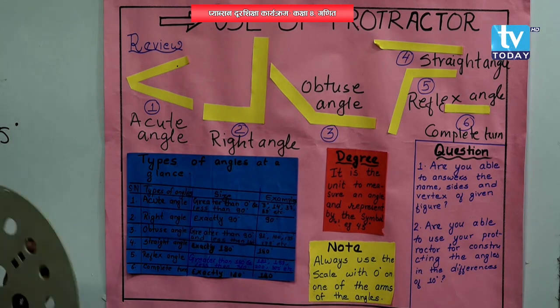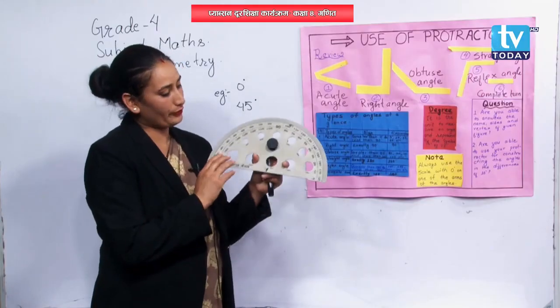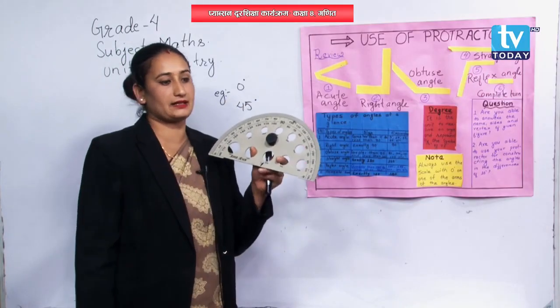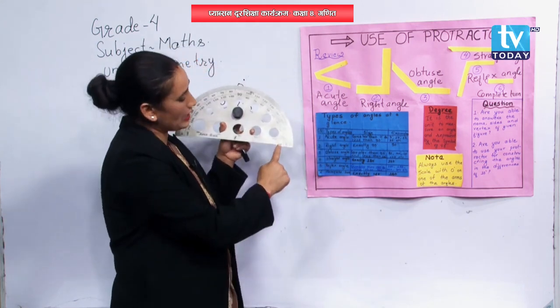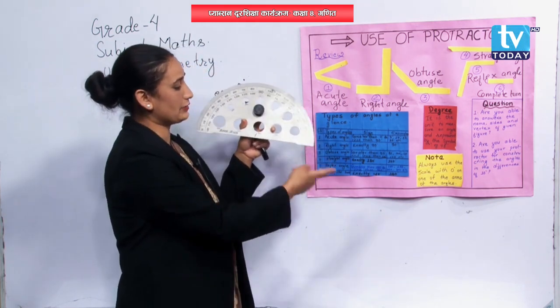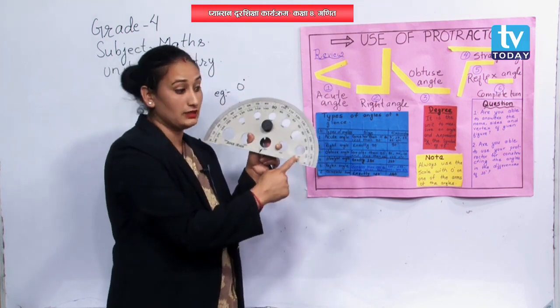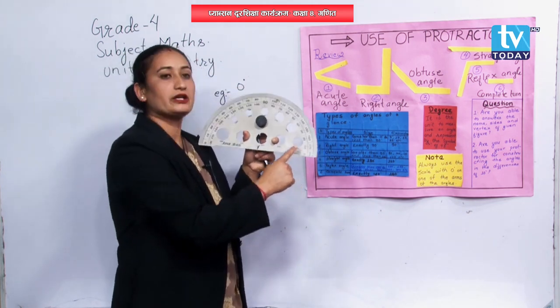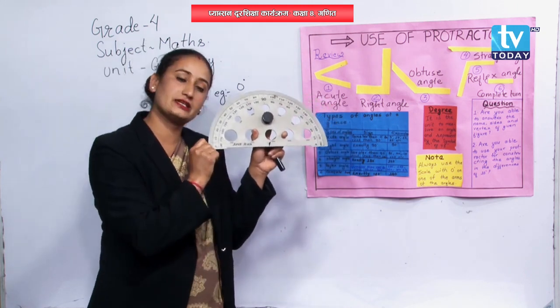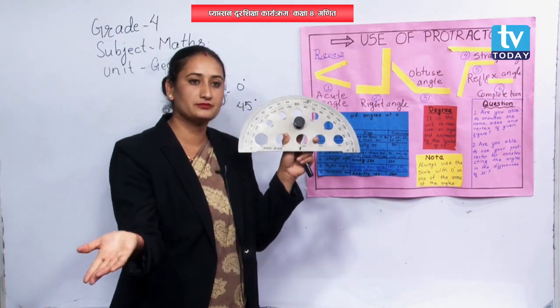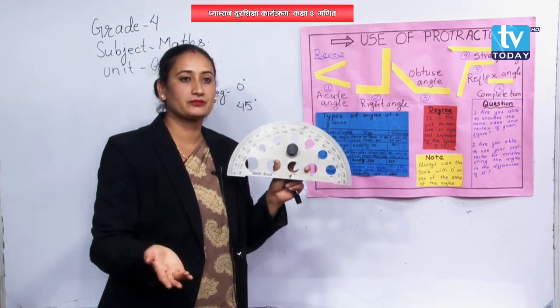That means while measuring angles and while constructing angles, you always have to start from the 0. If you start from the inner scale, then use this 0. If you are using the outer scale, then use the left side 0. Is there any problem? Any confusion?